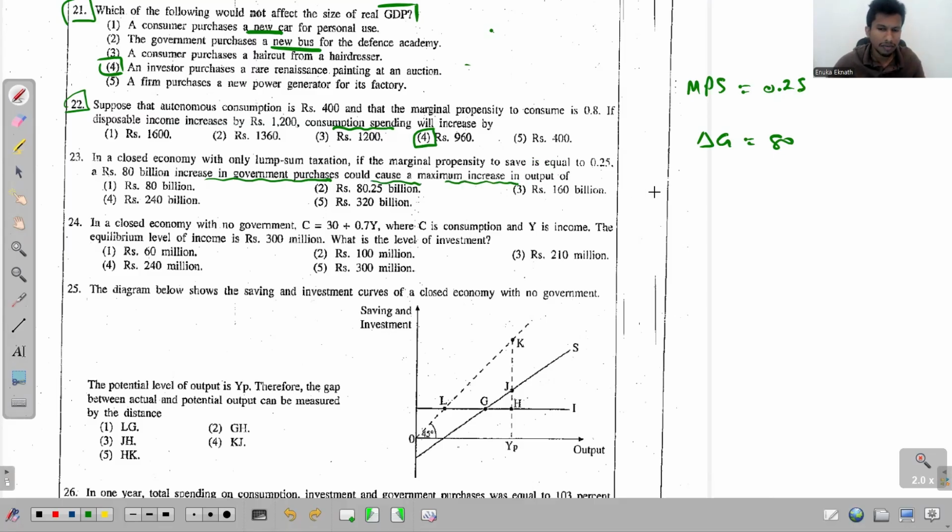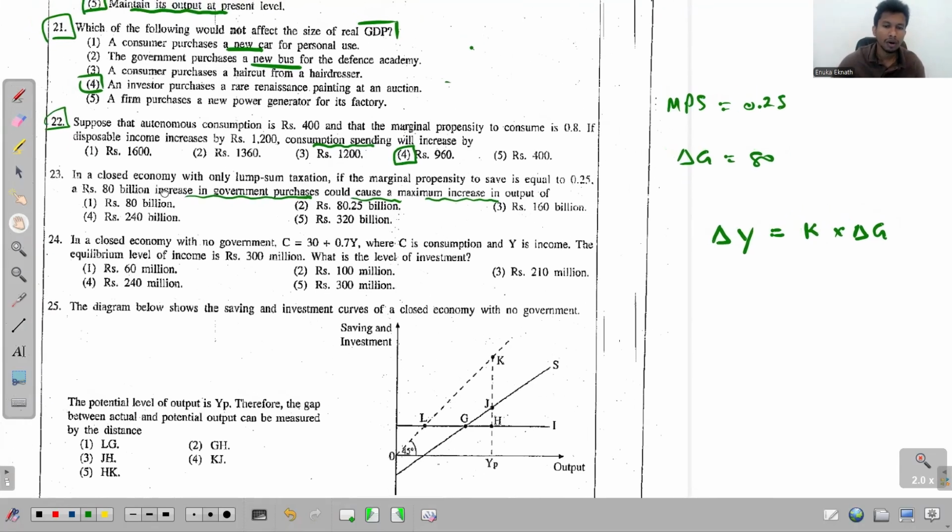Okay, so this is something that we have discussed in our previous papers as well. So if you need to recognize the change of the equilibrium income or the change of equilibrium output as a result of changing one of the autonomous expenditures, you just need to multiply that change in autonomous expenditure by the multiplier, the autonomous expenditure multiplier.